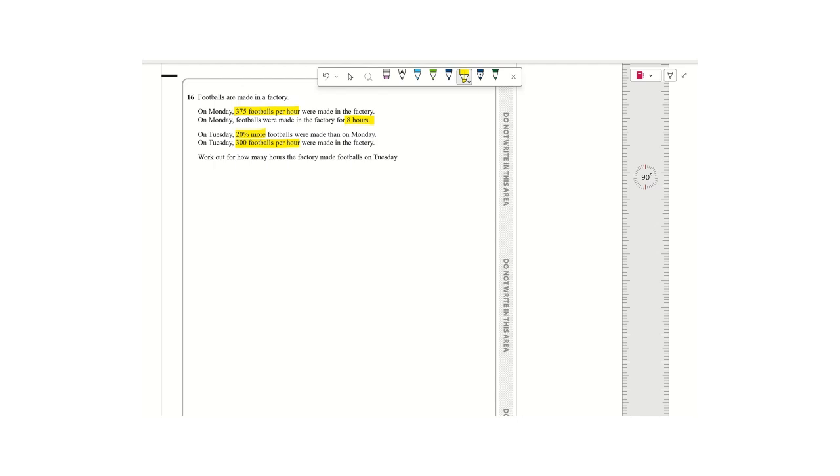And we're asked how many hours did it work on Tuesday. So on Monday, we need to work out how many footballs were made altogether. So there were 375 per hour for 8 hours. So that gives us 3,000 footballs that were made on Monday.